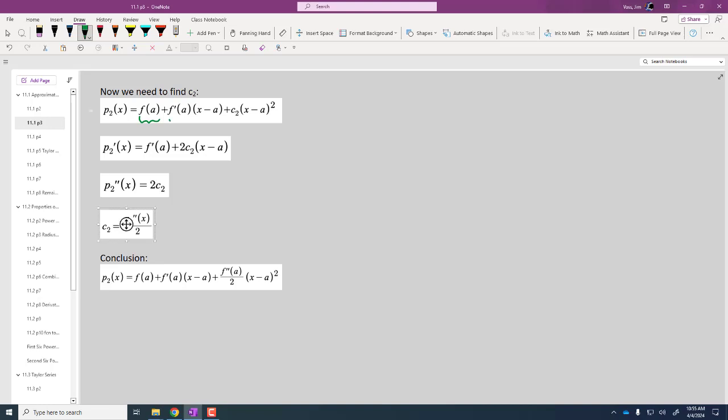How about the derivative of this piece right here? f prime of a. Because if we come out here, if you were to distribute, f prime of a is a number, right? It's the slope of the original function at a. And if you distribute that f prime of a, you would have this.